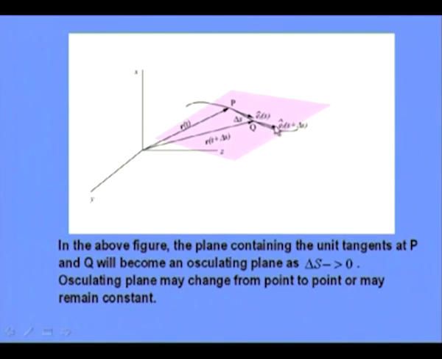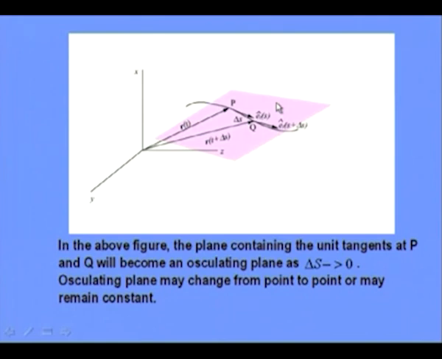Another tangent has been drawn, this is ETS plus delta S. PQ is of length delta S. The plane containing the unit tangents at P and Q will become an osculating plane as delta S tends to 0.